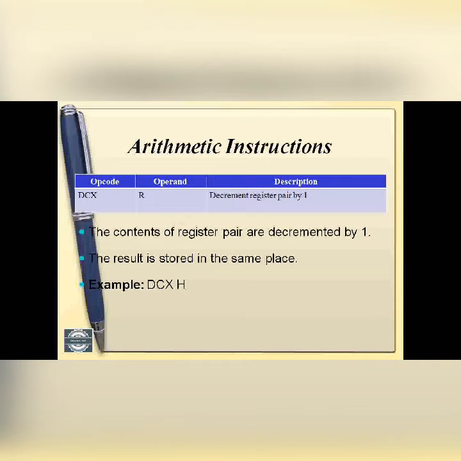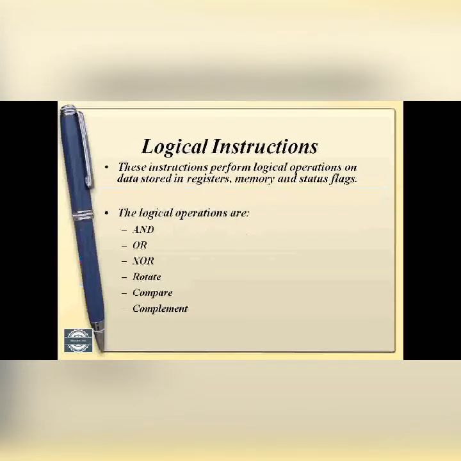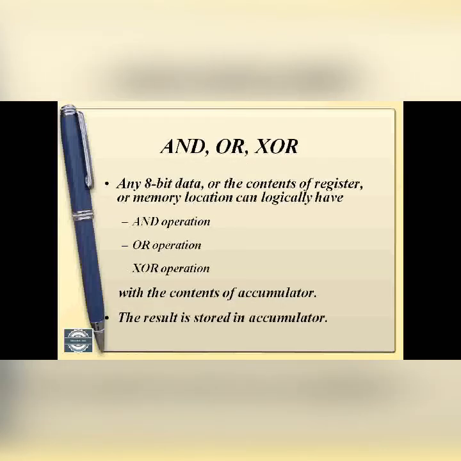Now we will start our discussion over logical instructions. Already I told you, here I only mentioned AND, OR, XOR, rotate, compare, complement, etc. For the logical operations, 8-bit data or content of the register or memory location can be operated on.